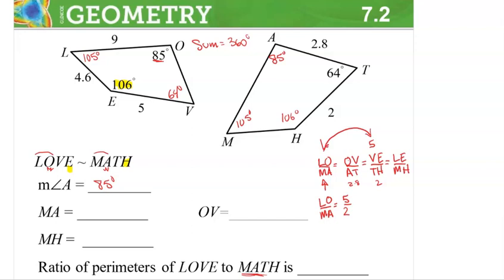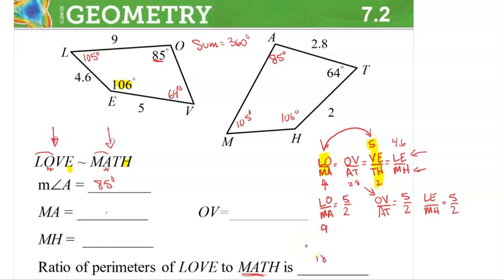You can work with any 2 that you want to. And then OV over AT is also equivalent to that 5/2. And then LE over MH, so let's look at what we've got for that. We've got 4.6 for LE, MH we don't know. So LE over MH also equals 5/2.